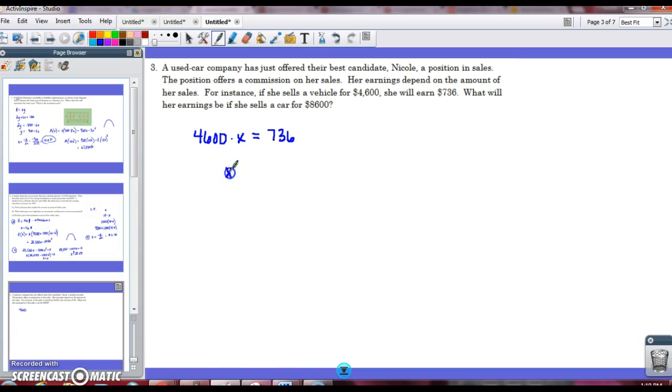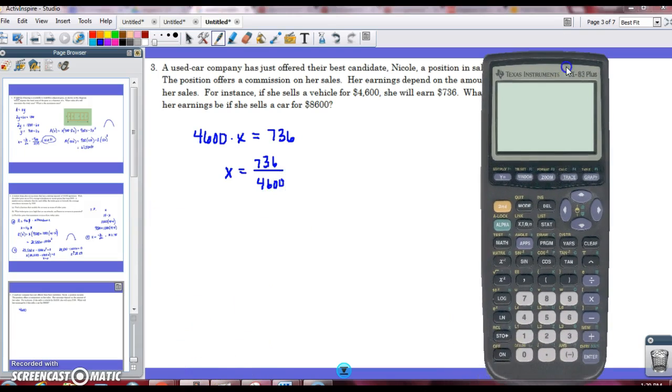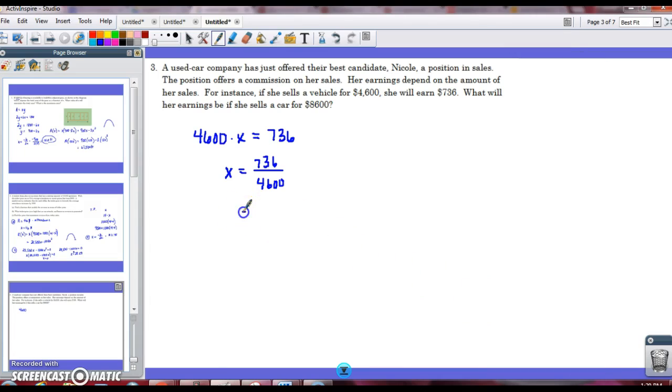And so when we solve that, we end up with 736 over 4,600, which I believe comes out to be about 16 percent. Let's see, 736 divided by 4,600. Yep, comes out to be 0.16. Okay, so about 16% is how much she earns on every vehicle she sells.